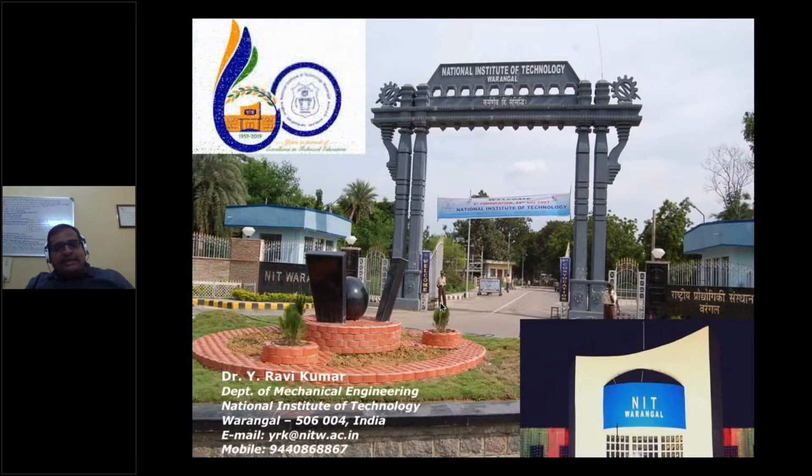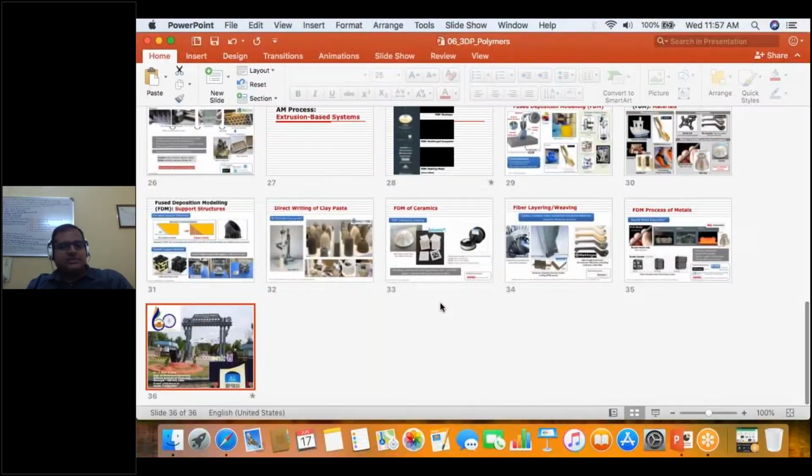So in a recap, what we have done during this session: we started with the classification of 3D printing processes, and we highlighted the ASTM classification of 7 groups, right from VAT to the DED system. During this session we have talked about VAT photopolymerization, material jetting, binder jetting, and FDM.